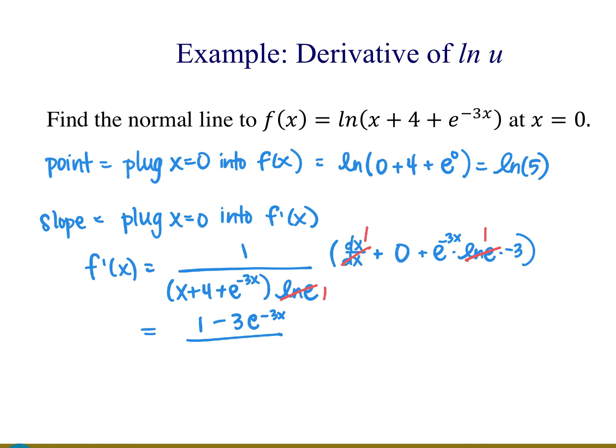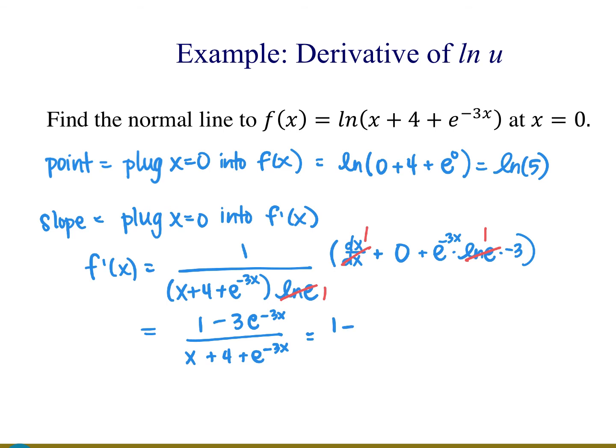And the denominator is x plus 4 plus e to the negative 3x. Now, as much as I would like to, these e to the negative 3x's do not reduce each other. Why not? Well, one's attached to a 3 with a subtraction, and the other is attached to the 4 plus x with addition. So I can't reduce either of those, but I can plug in 0.